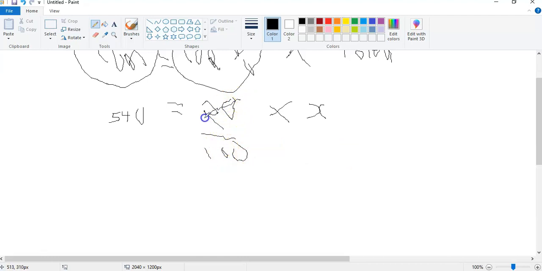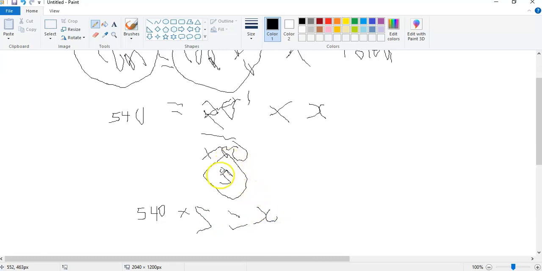So 20 goes into 20 once, and into 100 five times. Now you need to get rid of the division, which is the 5, so you multiply both sides by 5. So you get 540 times 5, which will give us our x value.